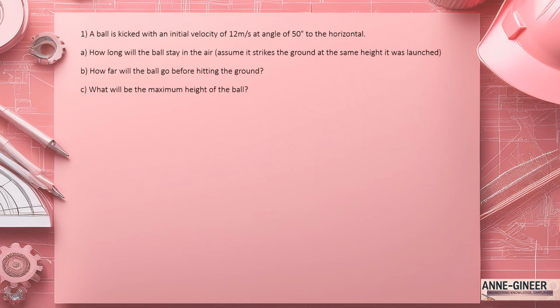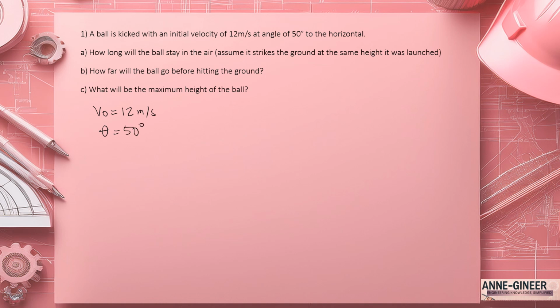So for example, a ball is kicked with an initial velocity of 12 meters per second at an angle of 50 degrees to the horizontal. So we have the initial velocity, which is equal to 12 meters per second, and we have the angle, which is 50 degrees.